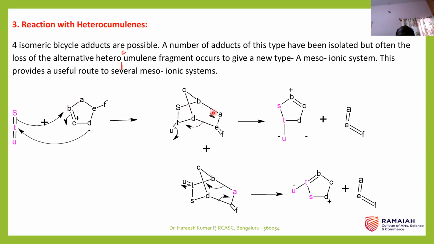This electron can come over here, and this electron can go over there, and this bonded electron pair will sit on U. That is how a new meso-ionic heterocycle is obtained. Of course, this is a leaving group. Let's not worry about that. This is of our interest. Similarly, suppose T double bond U is in the upward direction, then this bond comes over here, and this bond comes to this position.